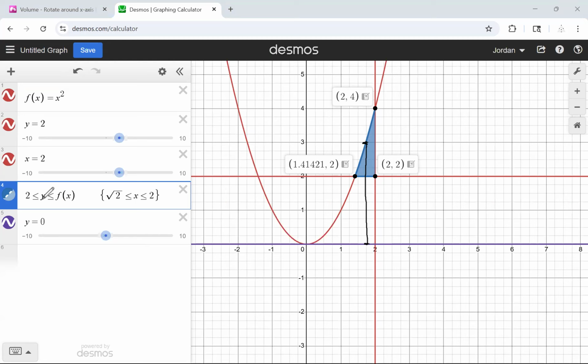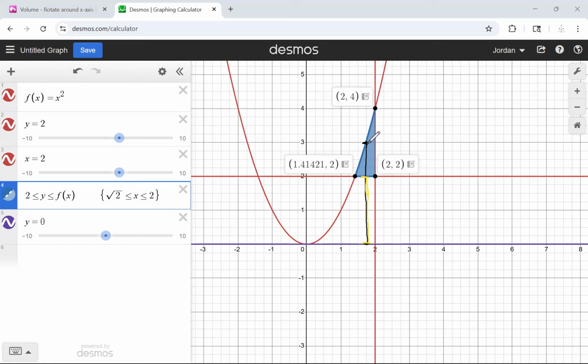And then my inner rectangle is going to go from the bottom line, which is y equals 2, down to the line I'm rotating around, which is y equals 0.